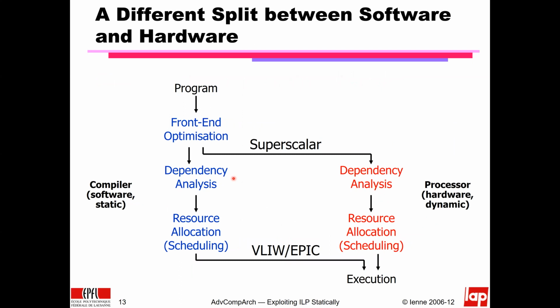This becomes a bit redundant, I guess you got the idea, right? One way of looking at it is that between a program and the execution, there are a number of things that need to be done: some optimizations that every compiler does, then you start doing dependency analysis, you decide the resources that you use, until you execute.